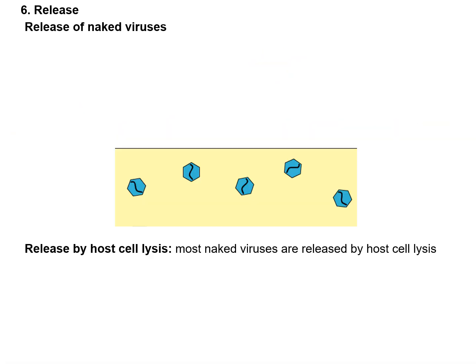And so we're left with naked virus, and how it will exit the cell now is basically by cell lysis. Most naked viruses just cause the lysis of the cell. Now, there are quite a few exceptions, whereby the viral particle exits the cell by one means or another without resulting in lysis, but the majority of these viruses cause cell lysis.